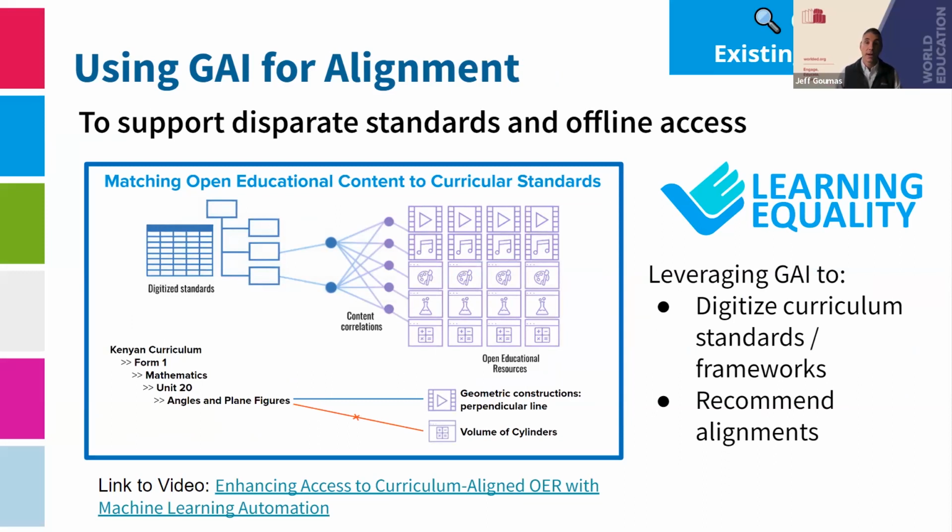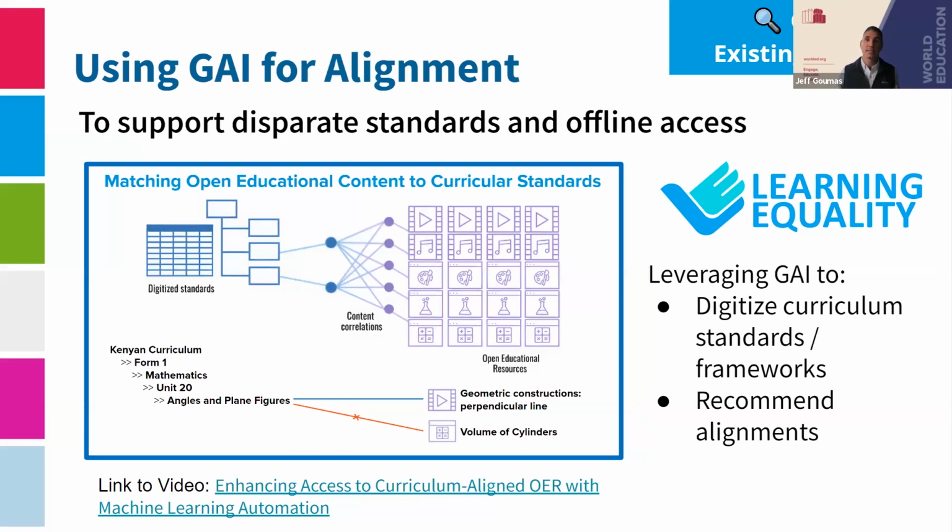But then they ran a competition with edtech developers to design recommender engines, basically, that could take a digitized framework, look at a repository of resources and how those are tagged, and make recommendations of which of those resources align to those particular standards. And to a question that was asked earlier, I encourage you to look up Learning Equality, because they focus predominantly on offline resources for under-resourced countries that might not have full-time digital access.